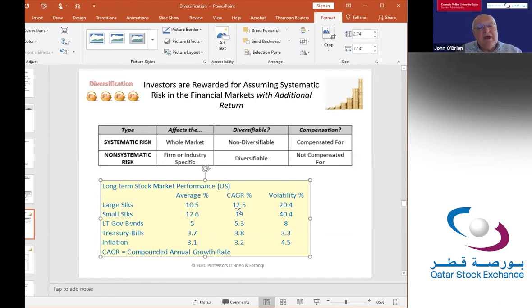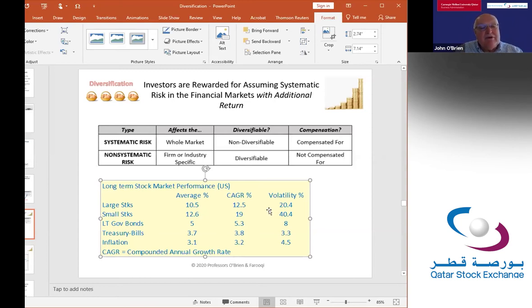But if we look at the CAGR, the compound annual growth rate. So in other words, if you invest 100 reals on day one, after N years, it grows to say 1,000 reals, then we can determine how much your position has grown by.